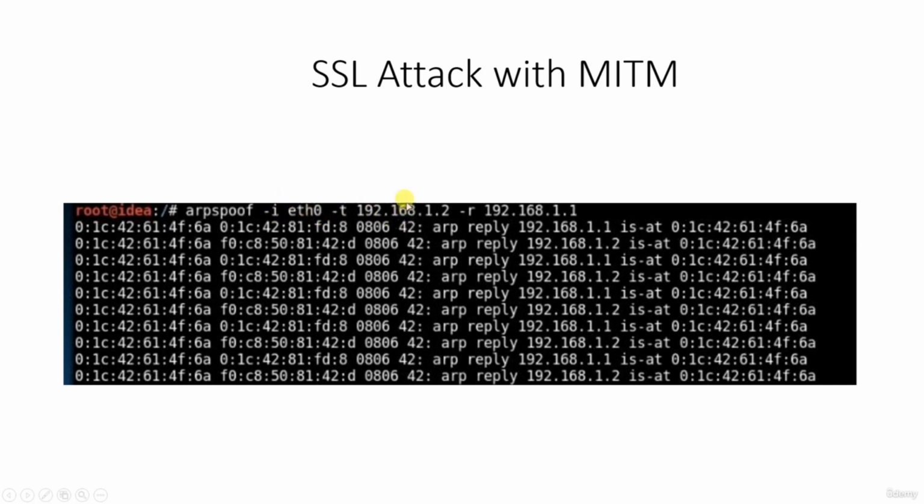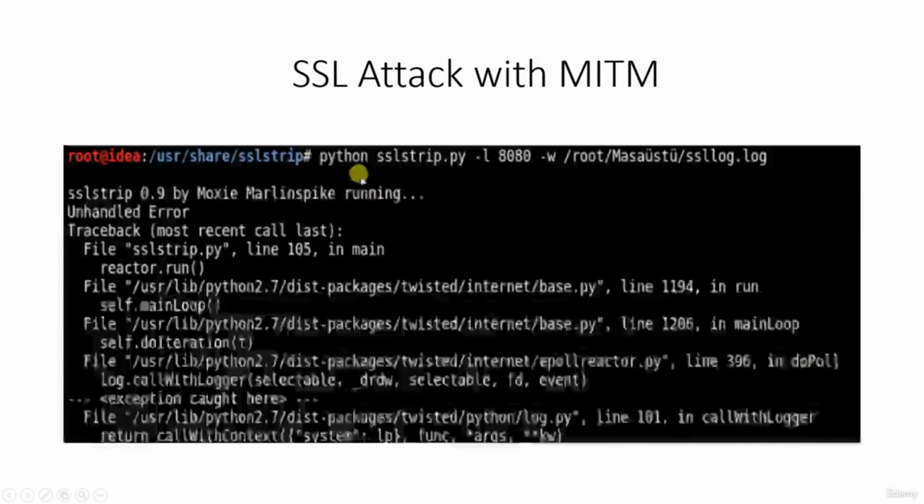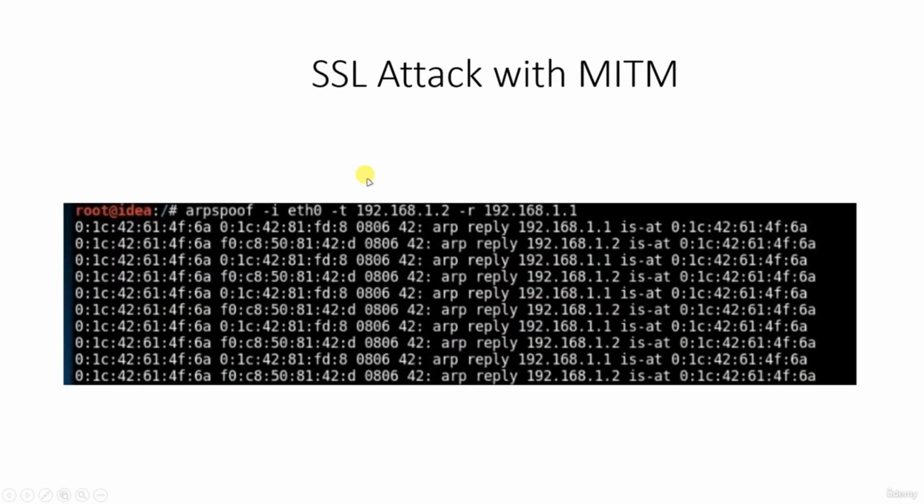Then you have to send this from this IP to this IP. As you already know, this is the gateway IP and this is our 1.2 victim computer. So this is the total arpspoof command in the terminal.